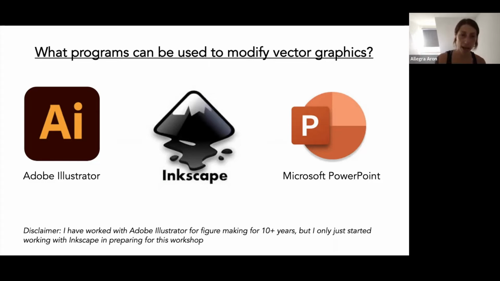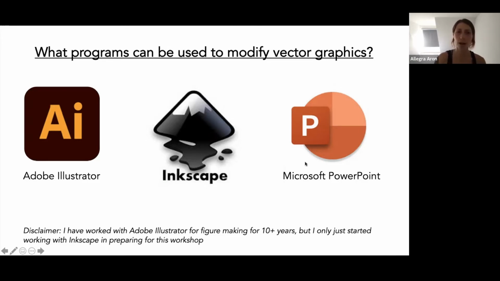I presume a number of you in this room will probably be using Inkscape, because not everywhere has licenses for Adobe Illustrator. Finally, as Daniel mentioned, you can also make or modify SVGs in PowerPoint, though I think this might be slightly inferior to Adobe Illustrator or Inkscape.